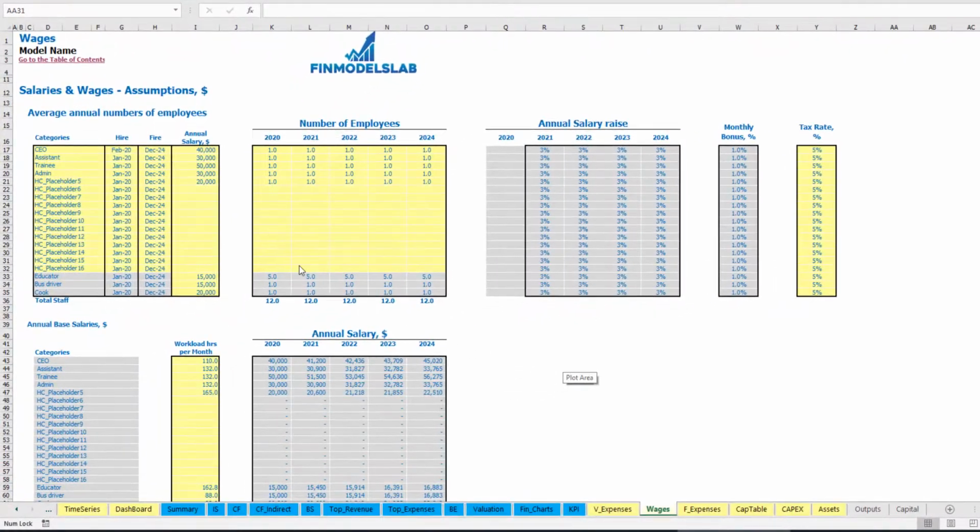On the Wages tab, you have up to 20 placeholders to input your staffing assumptions. Please note that some gray values are already predefined and you already input these positions for educator, bus driver and cook on the dashboard with some hire and fire dates. For these positions you are able to only input annual salary. In addition, you have 16 placeholders which are yellow, which you can change.